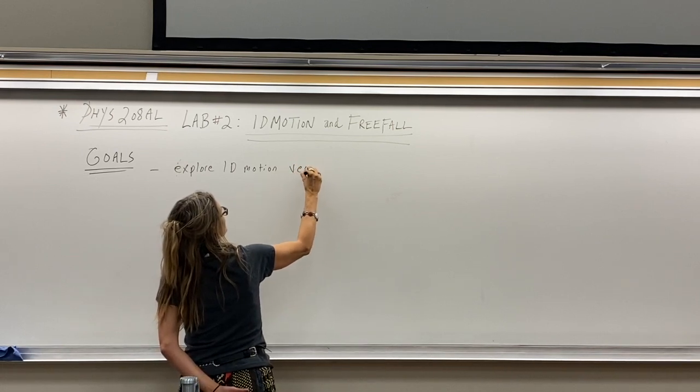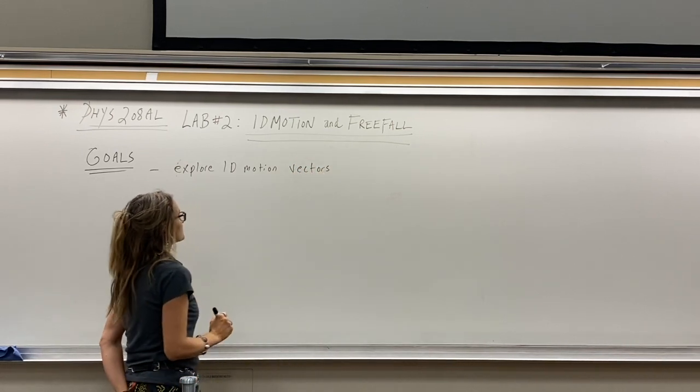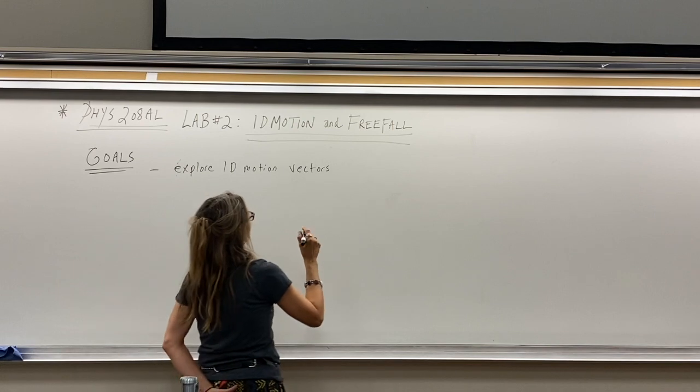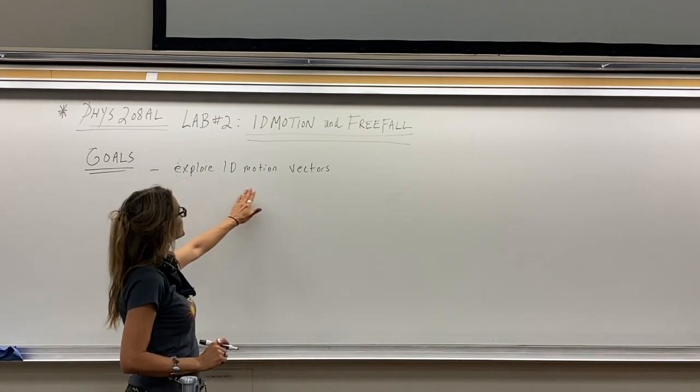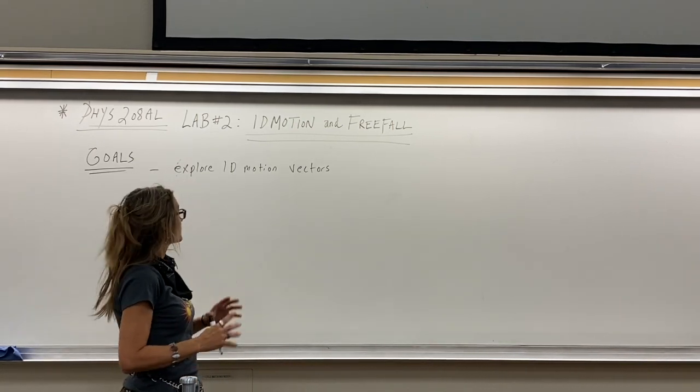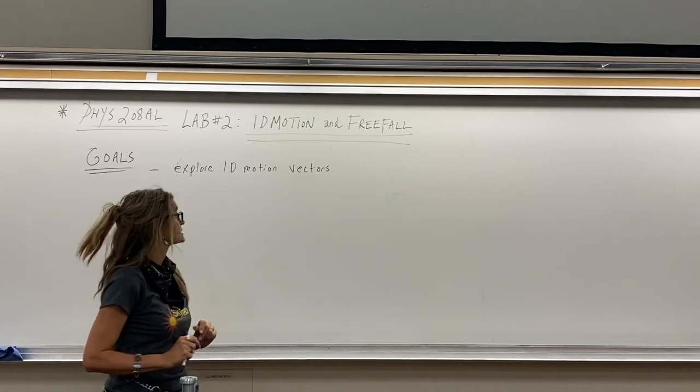And we want to look at vectors and constant acceleration. So we want to explore 1D motion vectors, and we want to look at special cases where we have constant acceleration.